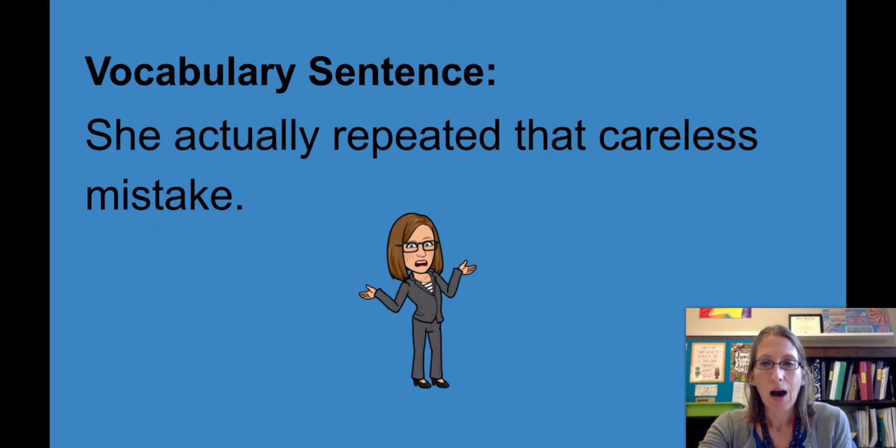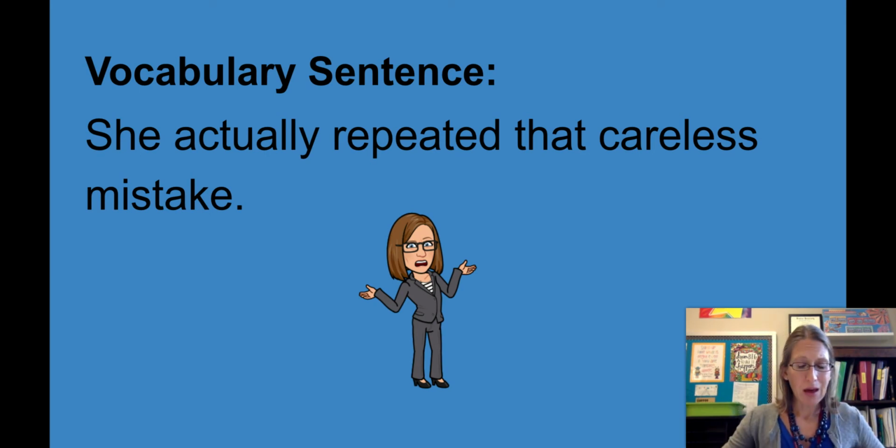All right. Our new vocabulary sentence is: She actually repeated that careless mistake. Can you believe it? Can you believe she did that? All right. So, actually means really. So if she actually repeated that careless mistake, she really repeated it.